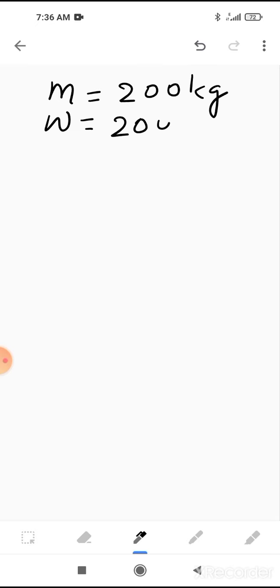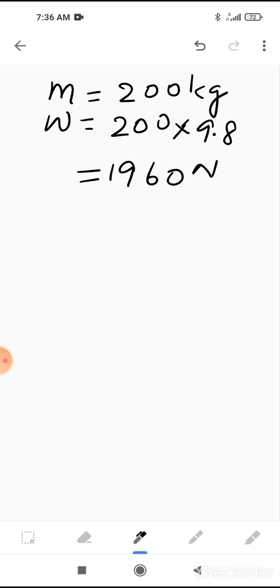M is 200 kilogram. Then its weight will be, as you did in the previous question, M into G, 200 into 9.8. 1960 Newton is the weight.